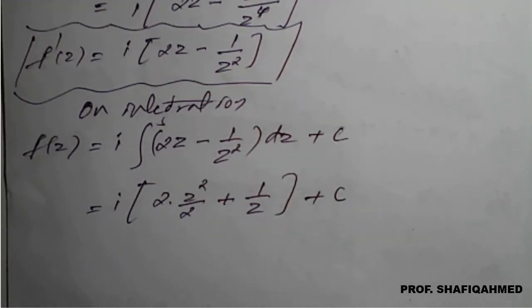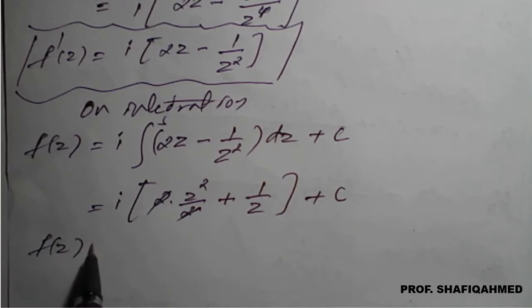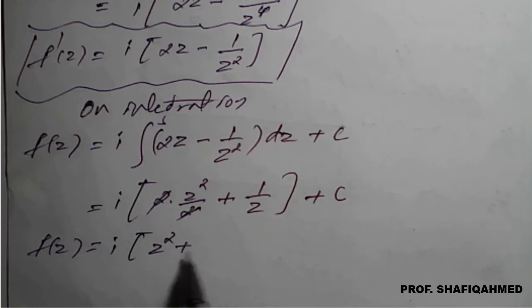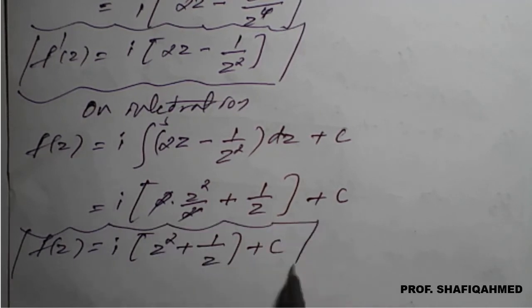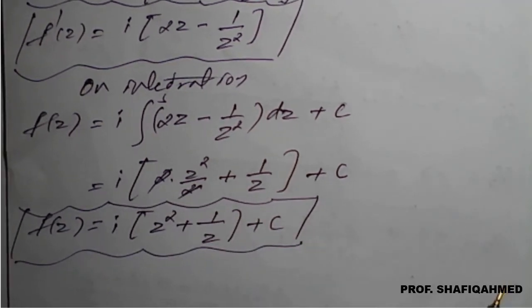So again on final conclusion, 2 cancel, so f of z will be i times z square plus 1 upon z plus c. So this is the required analytic function, f of z.